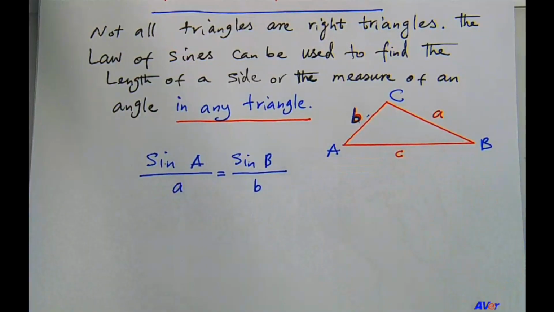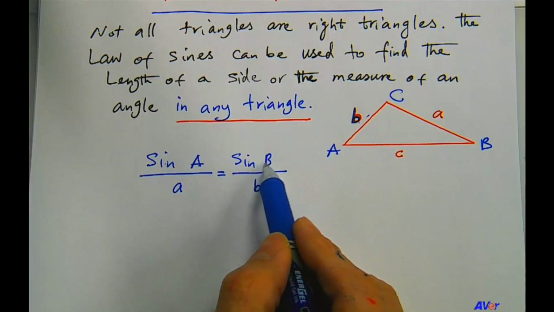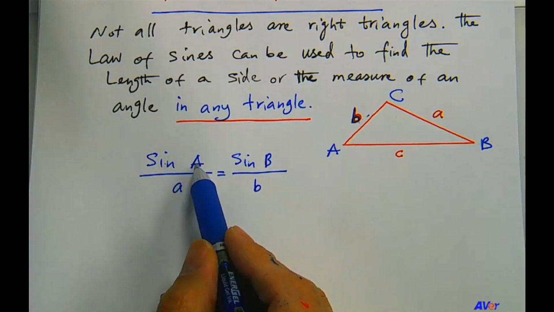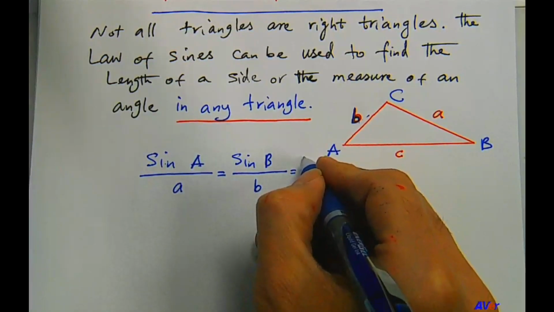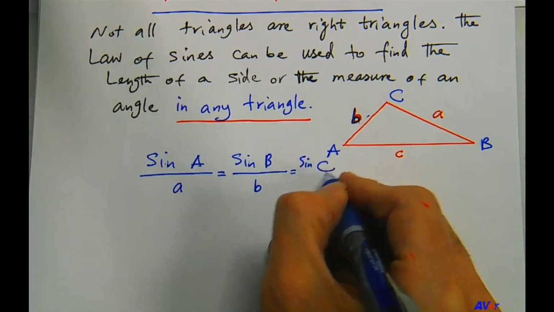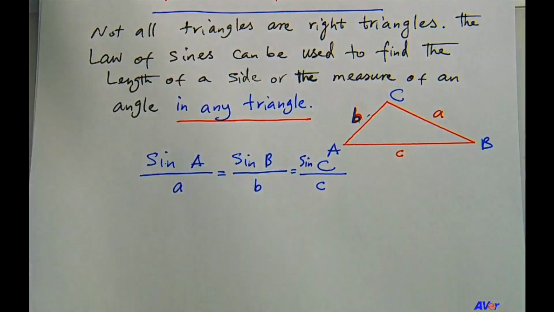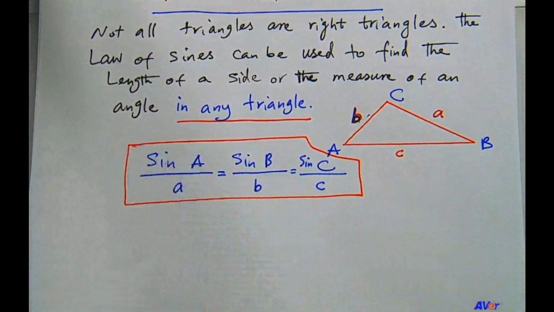So side b is opposite to the angle B, side a is opposite to the angle A, and so on. And finally, sine of capital C divided by side c, the length of side c. So that is the law of sines, like that.